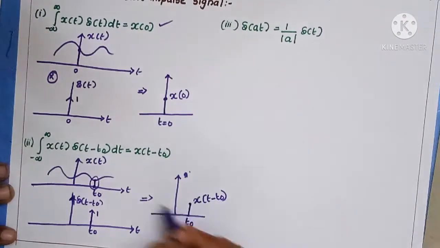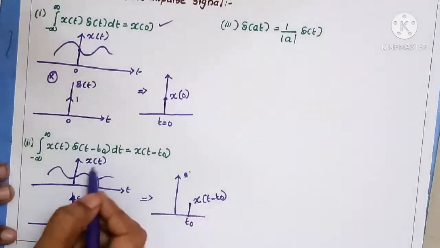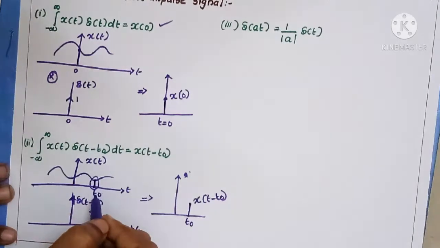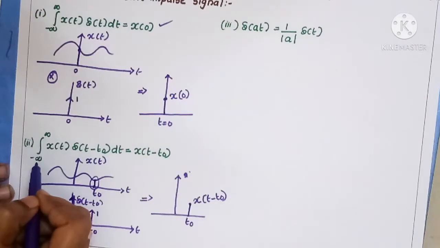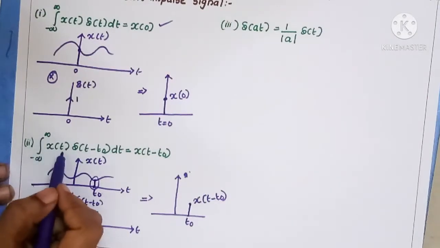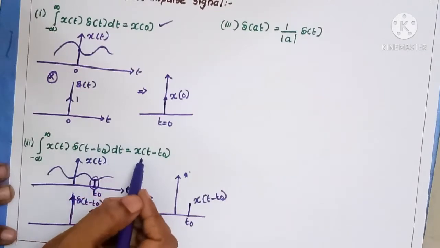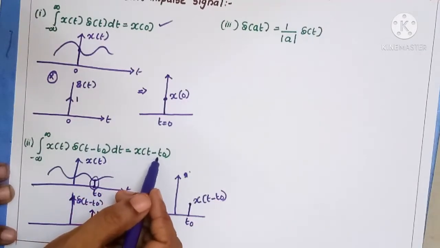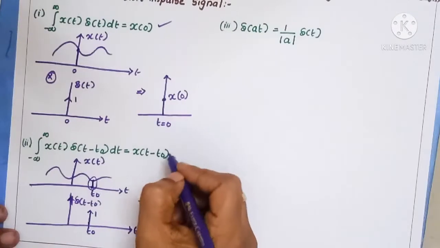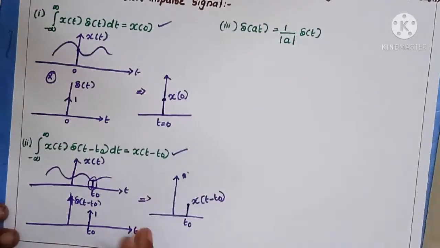This amplitude is the same as the amplitude of the arbitrary signal at t equal to t0. So we can say the integral from minus infinity to infinity of x of t del of t minus t0 dt should be equal to x of t0. So this property is also satisfied.